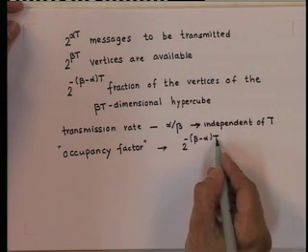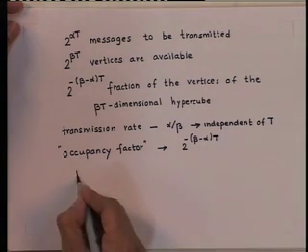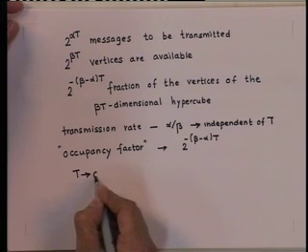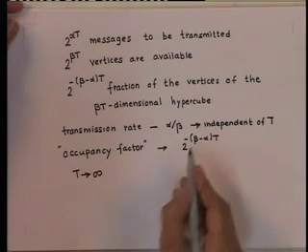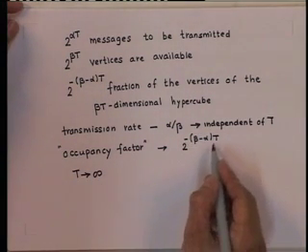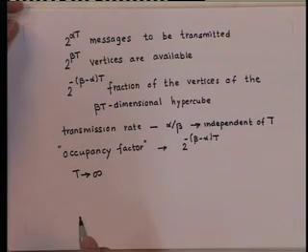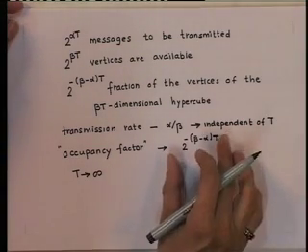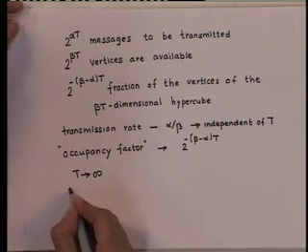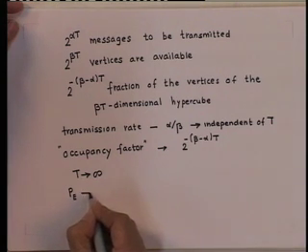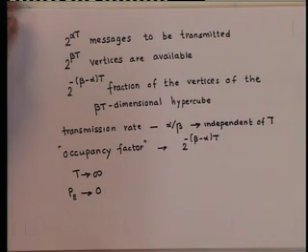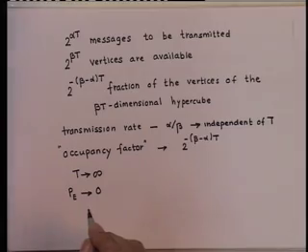In the limit, as t tends to infinity, the occupancy factor approaches 0. This will make the error probability go to 0, and we have the possibility of error-free communication.